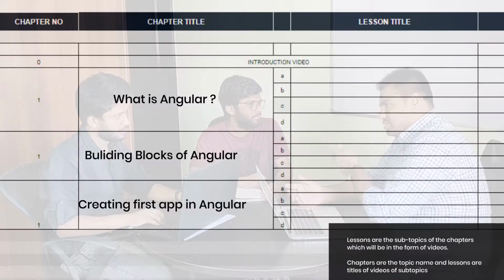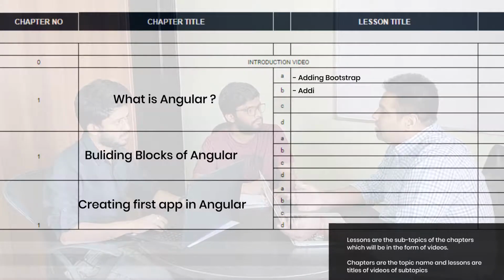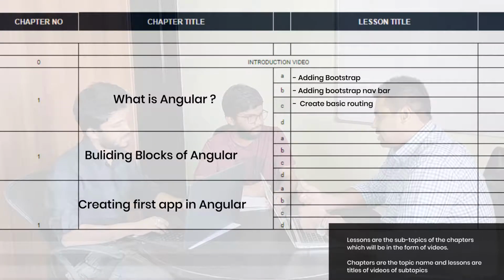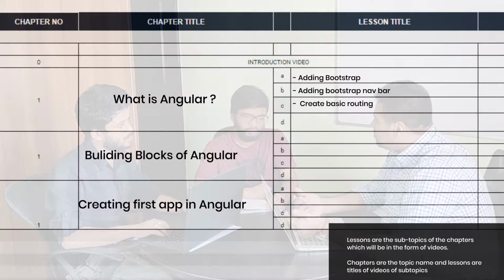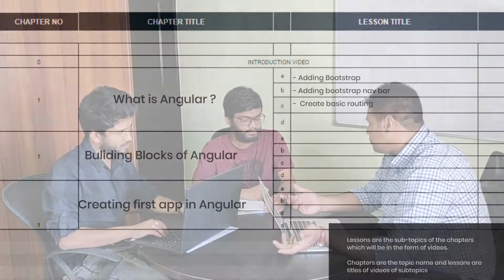But if you talk about the lesson title, your lesson title for the first chapter can be adding bootstrap. Second lesson can be adding bootstrap navbar. And third lesson could be create basic routing. Right? So this is what would define an index of the course. Are we clear with it?